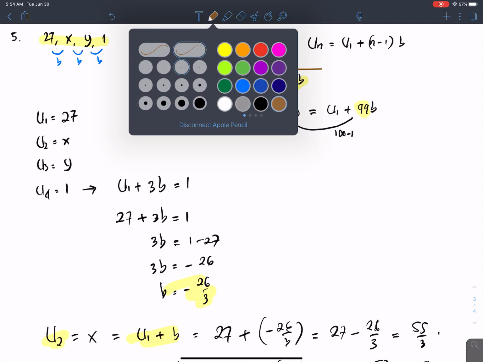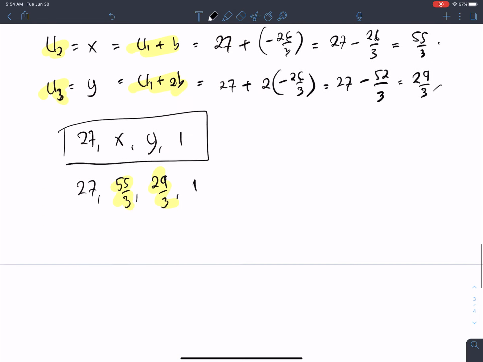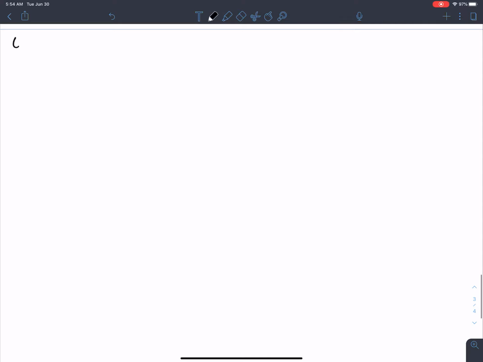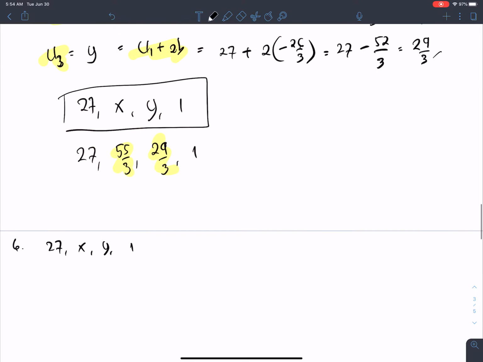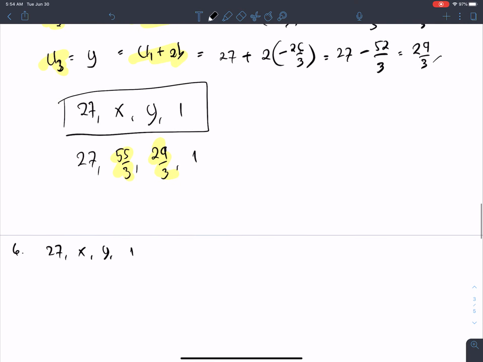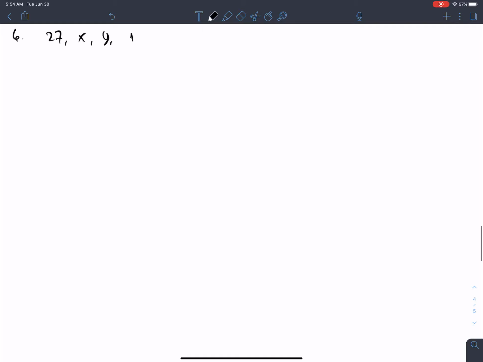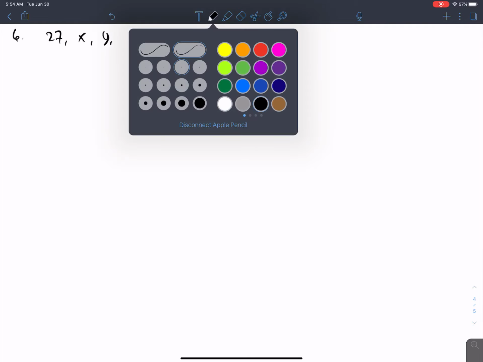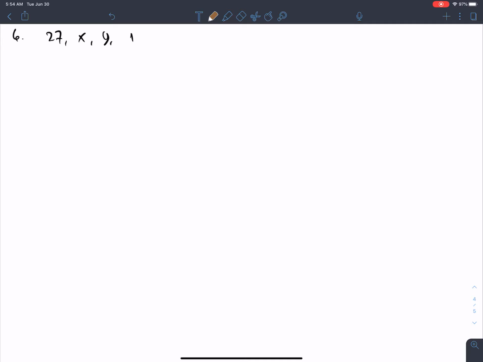Alright, the next one we look at is number 6. Number 6 also mentions 27, x, y, 1, but in this case it is not arithmetic. It says it should be a geometric sequence. When it is a geometric sequence, we have a ratio r.